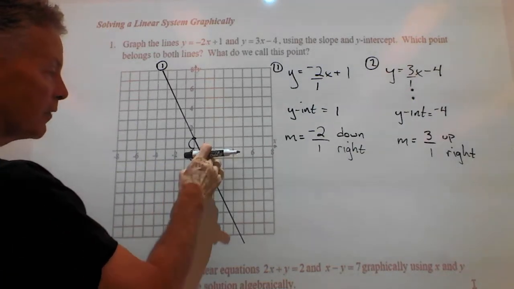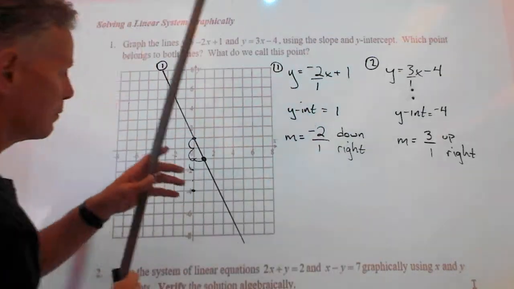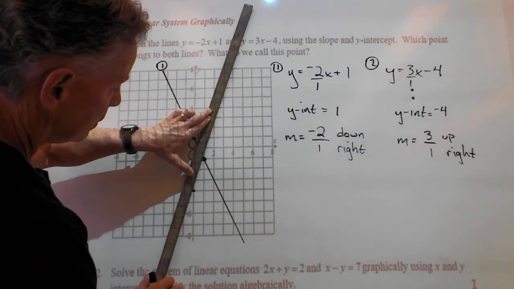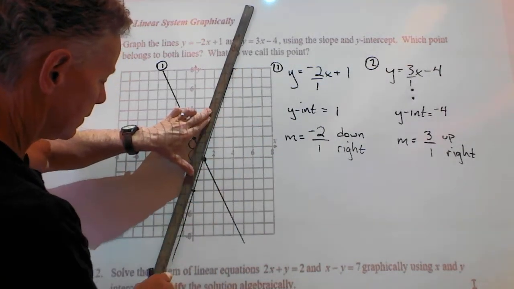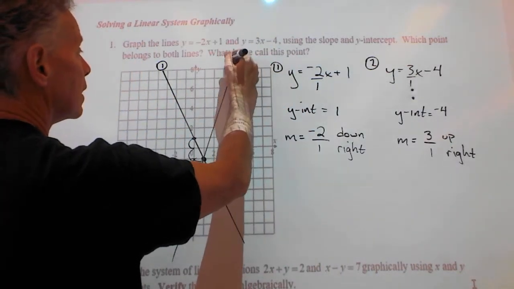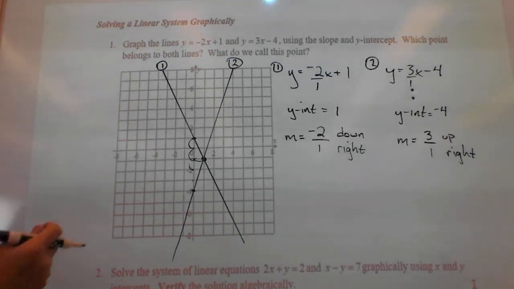So now we have 2 points from line 2. We join them up. There's line 2.